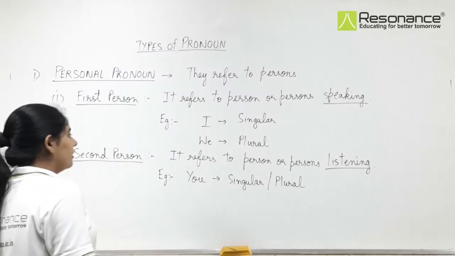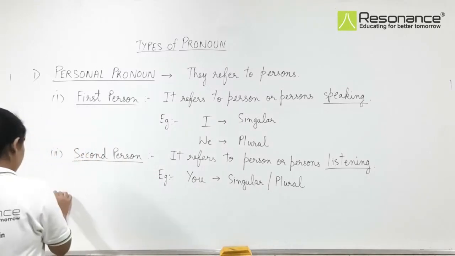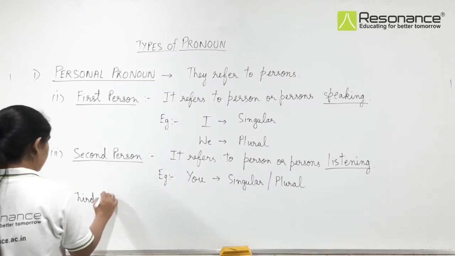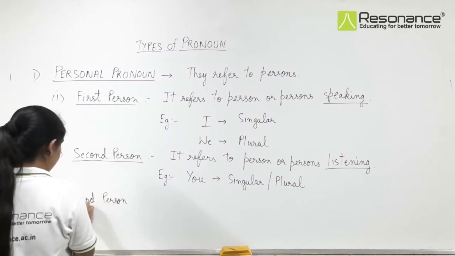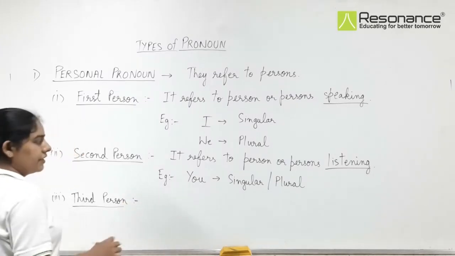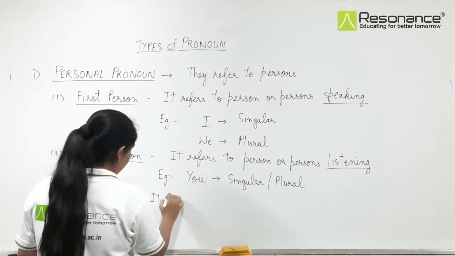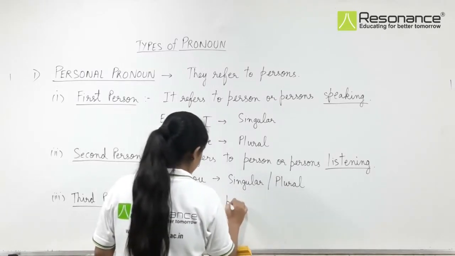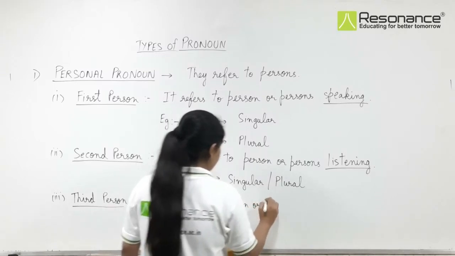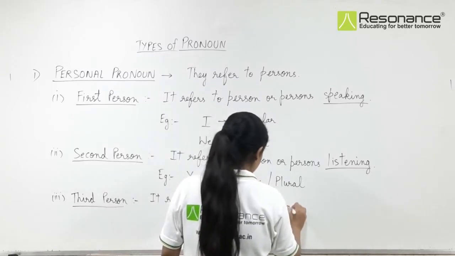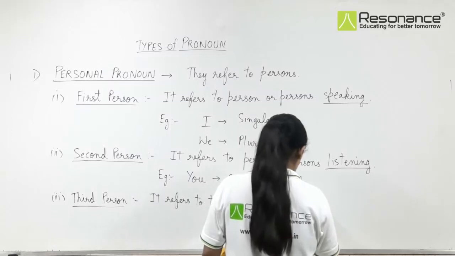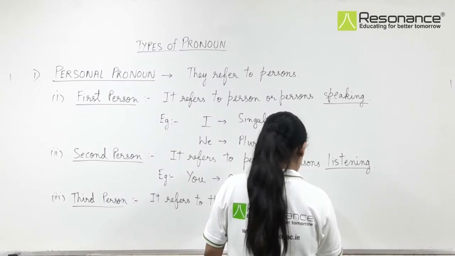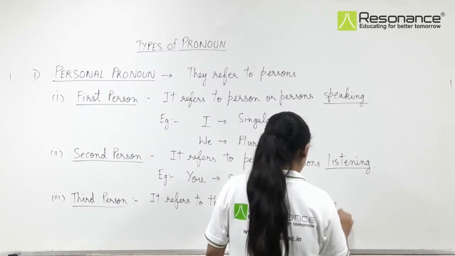Fine. Now the last category of personal pronoun is third person. Now this third person is very interesting. It refers to the person or persons spoken of.